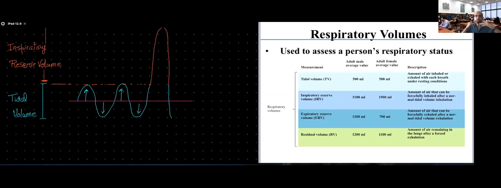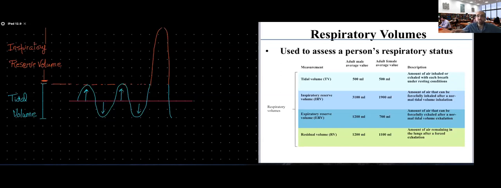From resting breathing, can you move more air outside of your lungs? Yes, you can perform forceful expiration, forceful exhalation, and you're going to move this amount of air that is normally kept in your lungs untouched.